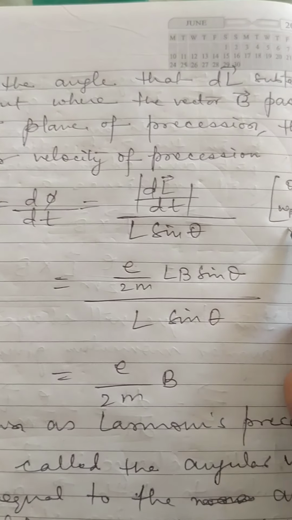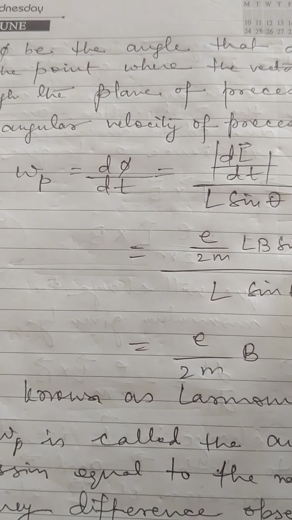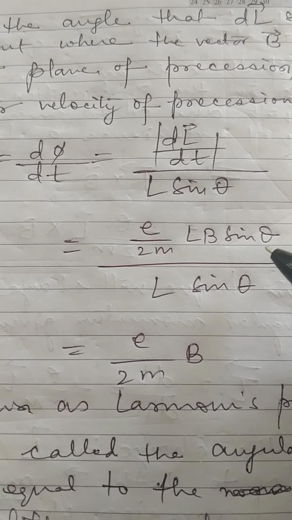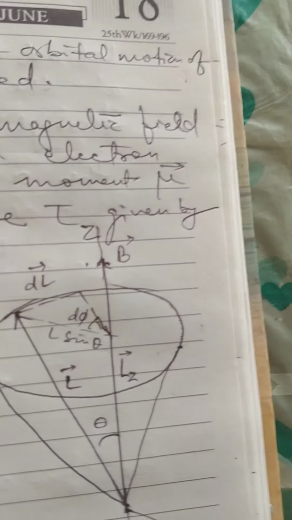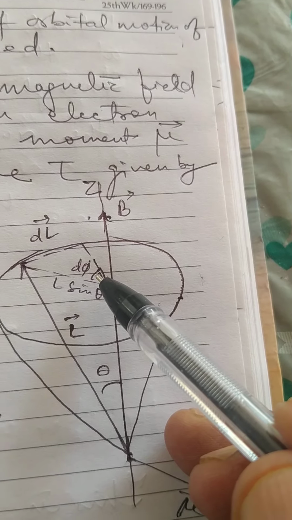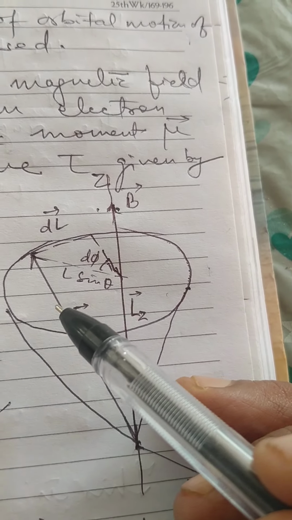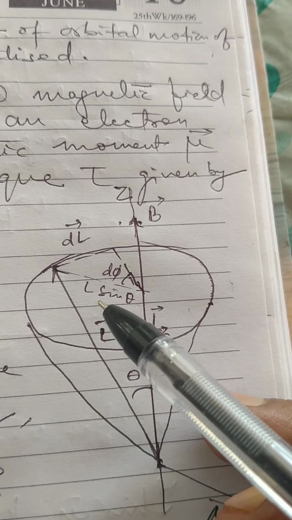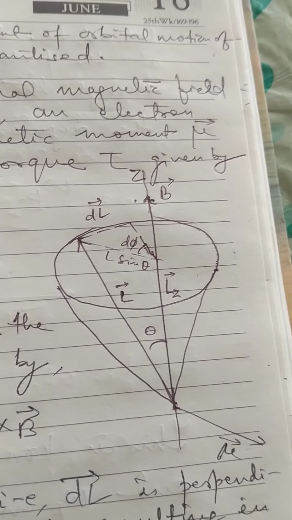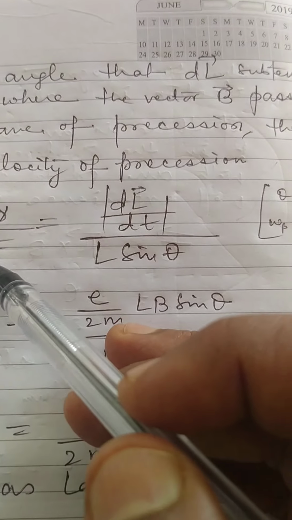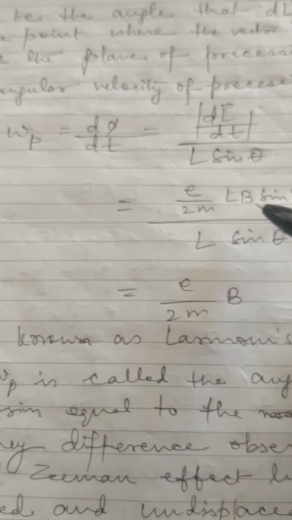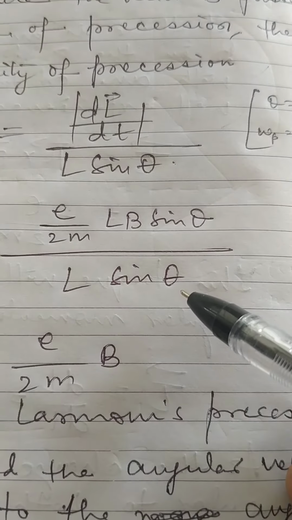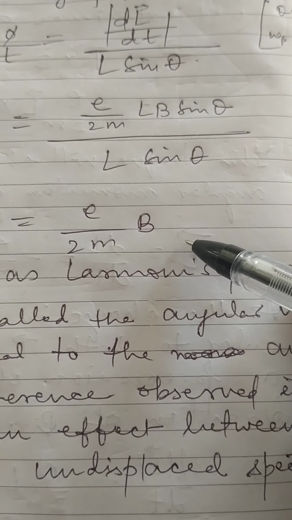Then the angular velocity of the precession, omega p, is equal to d phi by dt. The angle d phi can be written as arc length over radius, that is dL divided by R, where R is L sin theta. So omega p is d phi by dt, which is dL by dt divided by L sin theta, that is e by 2m L B sin theta upon L sin theta, and it gives you e B by 2m.